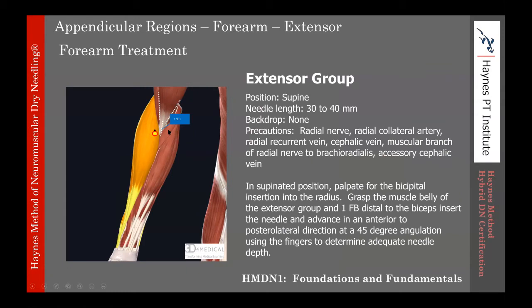And very similar to what we did on the medial group, here we are for the lateral, the extensor group. Same distance, same orientation, 45 degrees away from midline. Again, using the fingers to determine adequate needle depth.